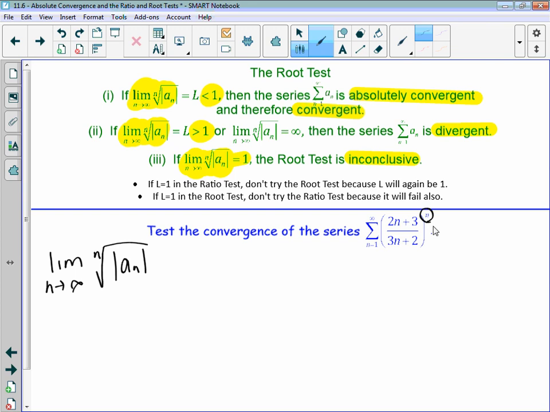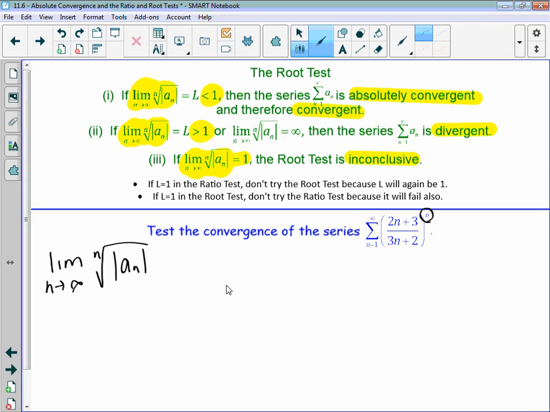What is this whole thing raised to? The n power. So when you do the nth root, it's going to cancel that. That's the dead giveaway that you're going to be using the root test. And as long as you know the ratio test, which you will, then the root test is pretty easy to figure out the conclusion because it's the same idea. So you just have to know this first part.